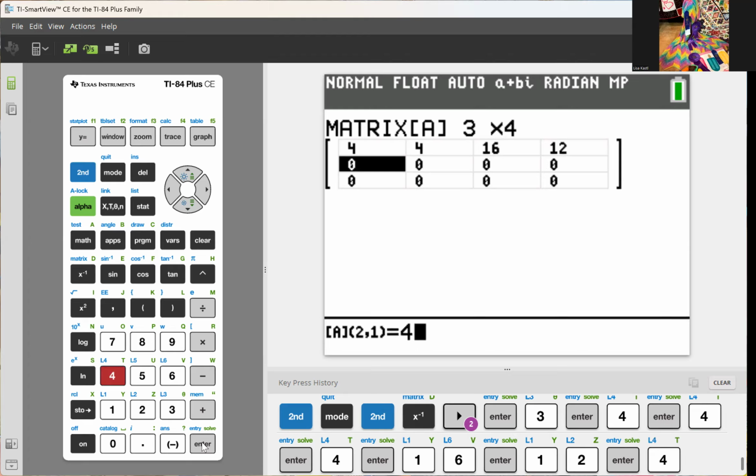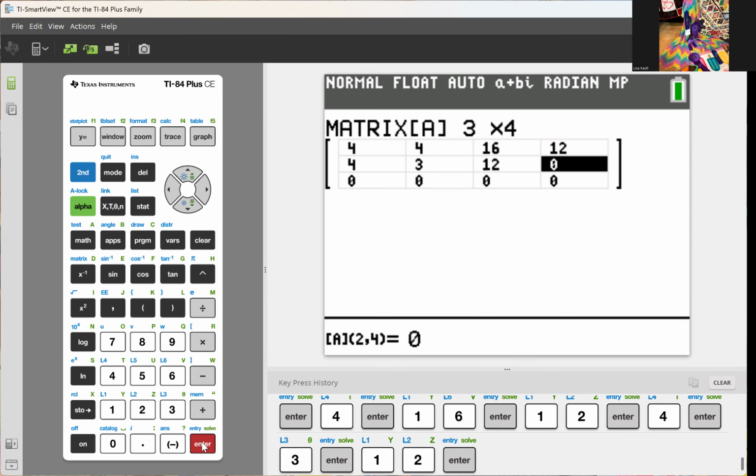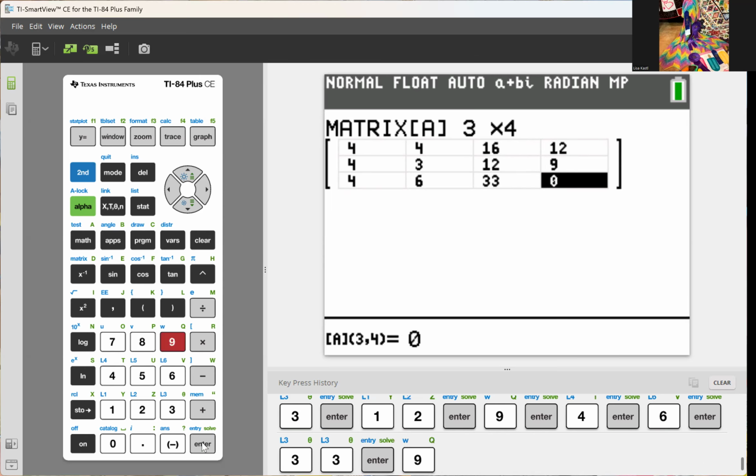I hit 4, 3, 12, and 9. Drops me to the third row. 4, 6, 33, and 9. I'm going to do a quick check to make sure that I've inputted that correctly. 4, 4, 4, 4, 3, 6, 16, 12, 33, 12, 9, 9. So I am good to go.